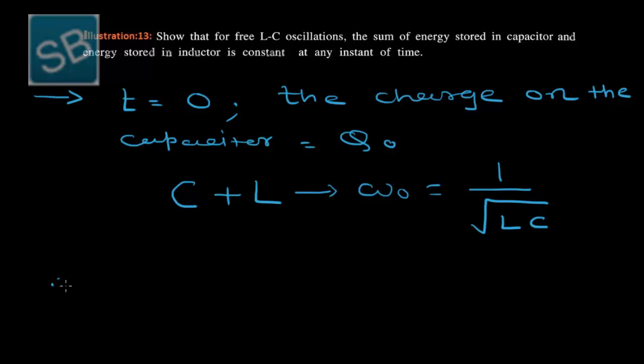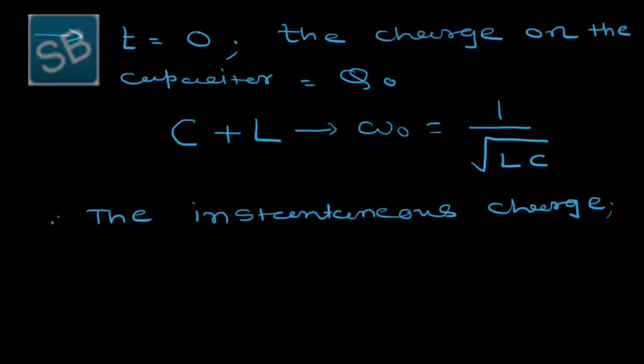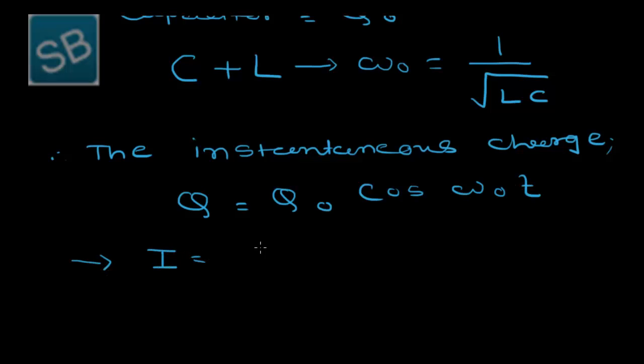and therefore after charging the capacitor, the instantaneous charge is given by Q is equal to Q0 cos omega 0 t, and the electric current I is the rate of change of charge with respect to time.